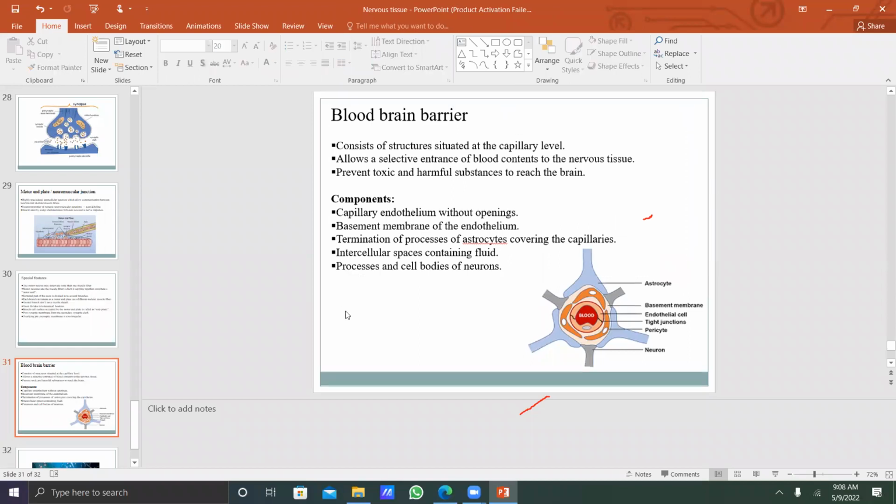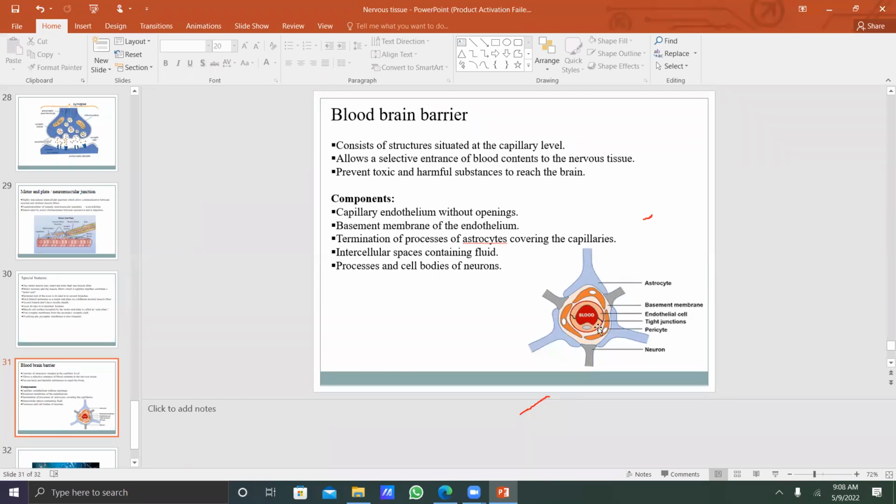So the blood-brain barrier comprises the capillary endothelium without openings. This is the capillary endothelial cell. They have very tight junctions in between the cells, so there are no openings.